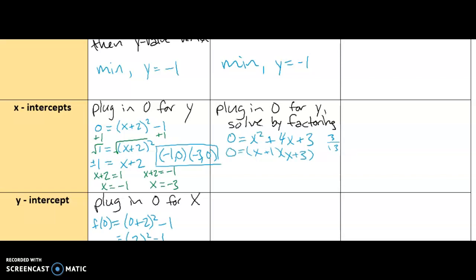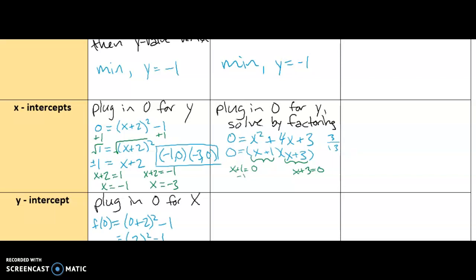Okay, so rather than having one big quadratic, we have 2 small linears. Now we want to know what makes this 0, because I know that if I multiply by a 0, that's how I could get my equation equal to 0. So I have 2 possibilities. Either x plus 1 equals 0, or x plus 3 equals 0. So I've got to think what x value will make x plus 1 equal to 0.